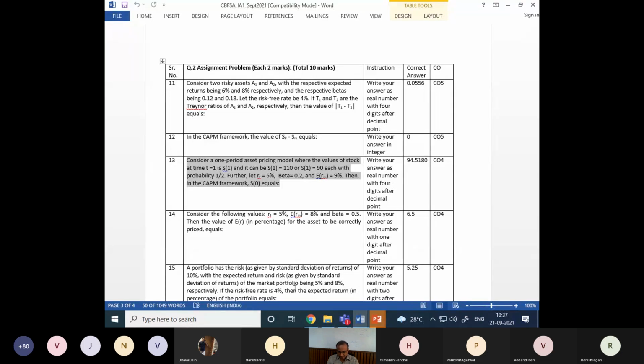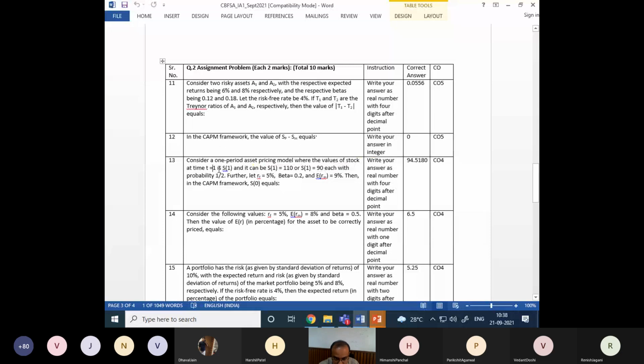So how do you proceed? From this, right now I am at time t equal to 0, and I am purchasing right now, and at some time t equal to 1. T equal to 1 doesn't mean it is 1 day or 1 month. At some time, let's say my horizon is 1 year, the price will be either 110 or 90, but the probability is equal, 1/2.